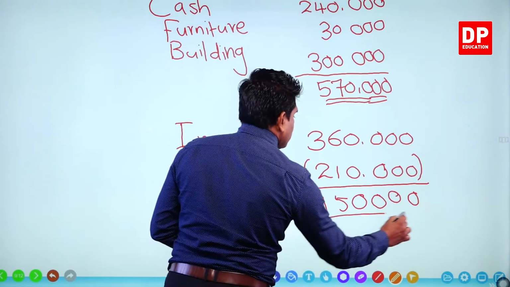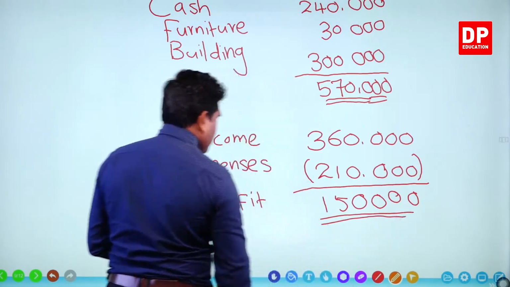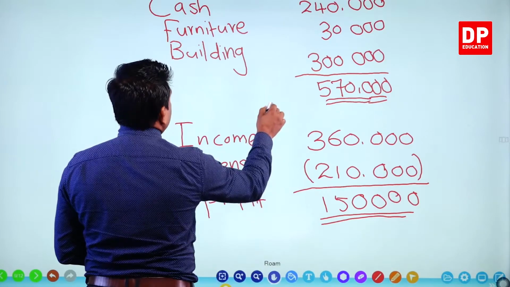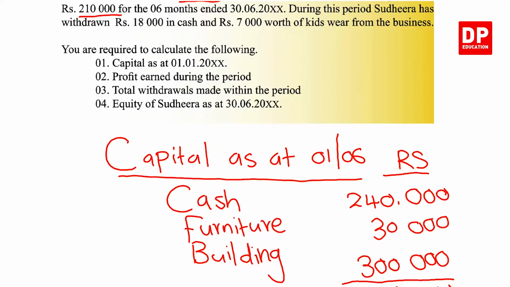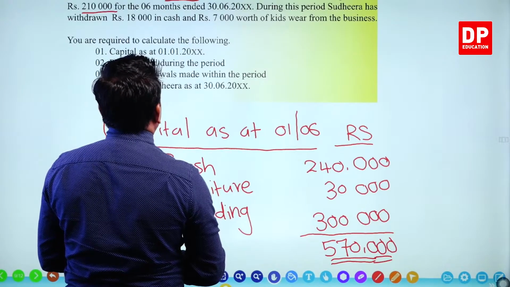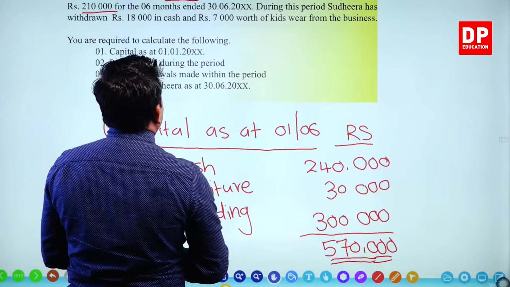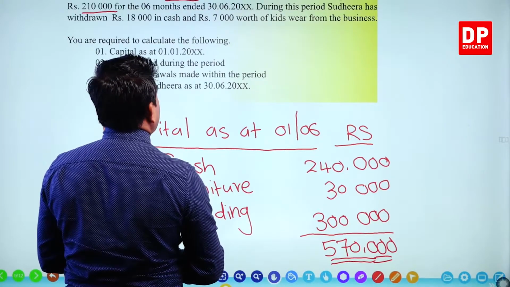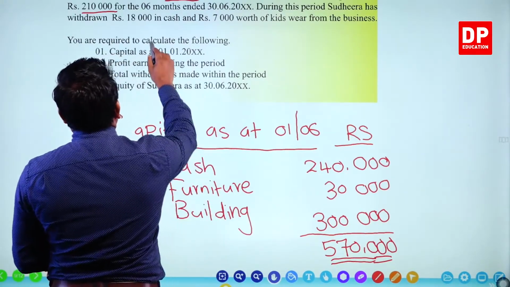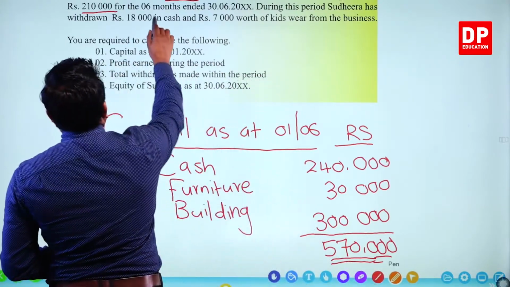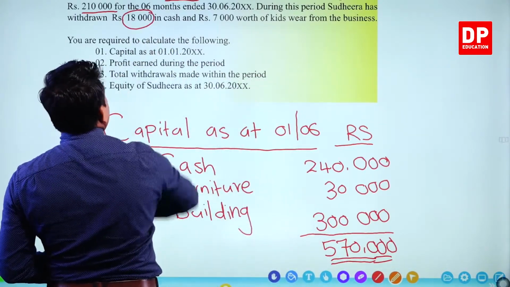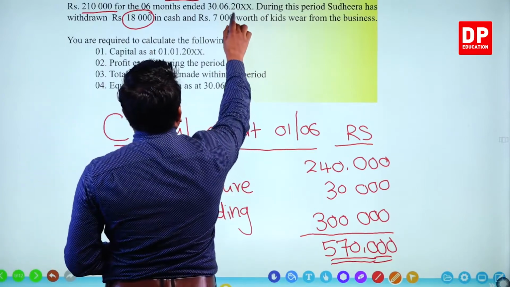Now the second answer also we found. Now we go to the third one: total withdrawals made within the period. Here, during this period, Sudhir has withdrawn 18,000 in cash and 7,000 worth of kids wear.